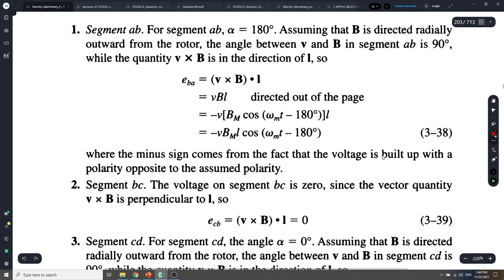So then we know that ini saya dah jelaskan tadi. So tentang yang cross tadi tu kan, kita dah tengok tadi VBL tadi kan. So kalau tadi tu hanya B saja, so V kita ganti kat sini lah. So VBL, ni yang dekat BA.